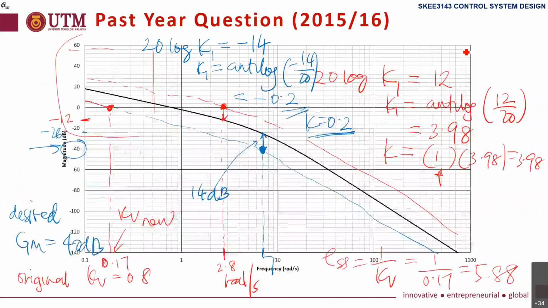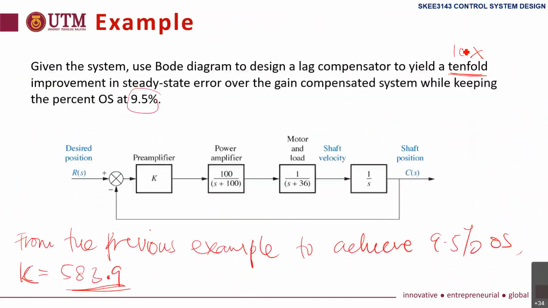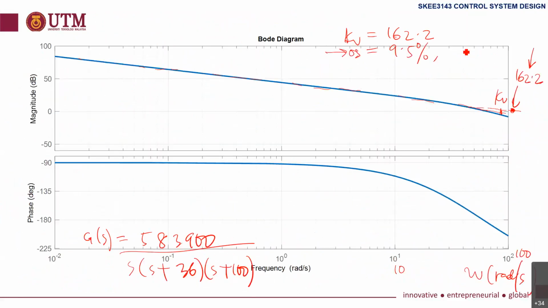You have to be familiar with that. In order to get overshoot 9.5%, we need phase margin 60 degrees. Currently, if we check the phase margin here at 0 dB, we will not get 60 degrees. It is actually here, not 60 degrees. We have to design so that we get 60 degrees.